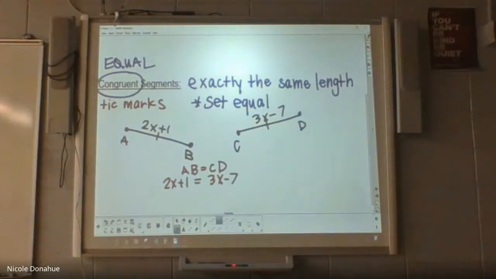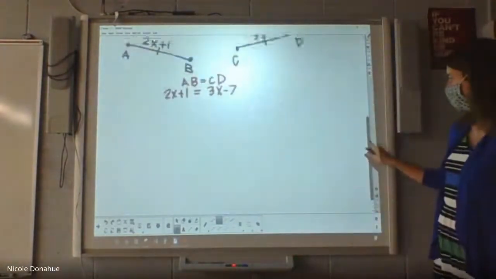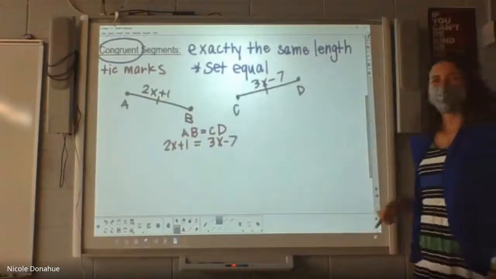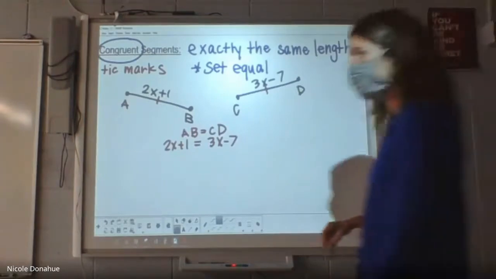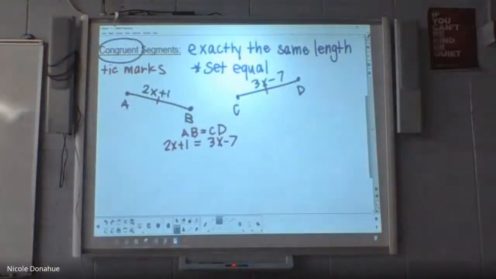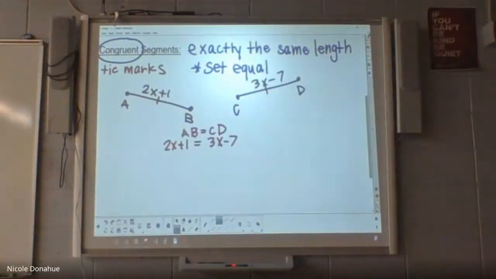Do we know how to solve a problem like that? If you passed algebra, you should have. What do you guys want to do? Peyton, what do you think we should do first? Subtract the 1, or maybe move the 7, or move the x's around.